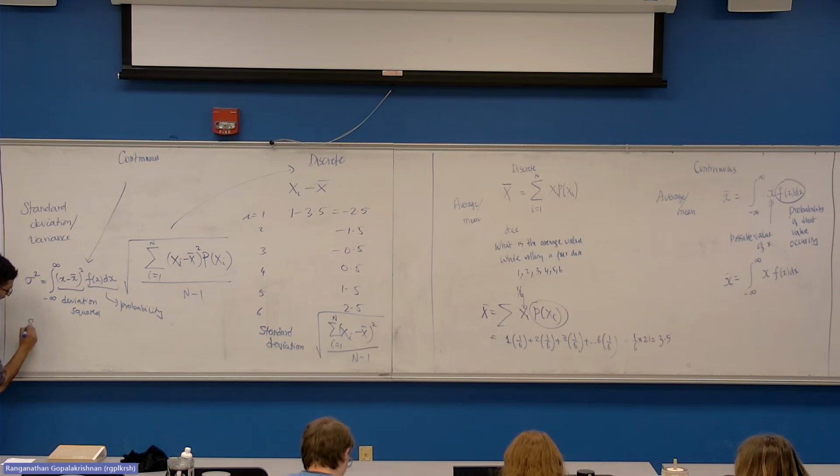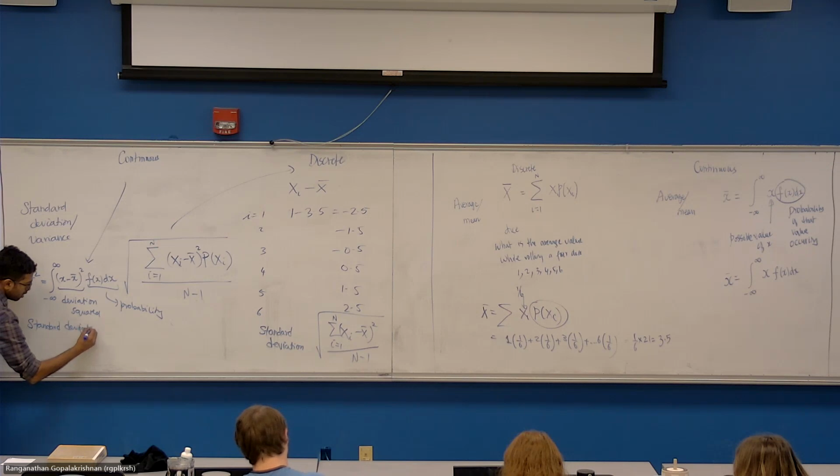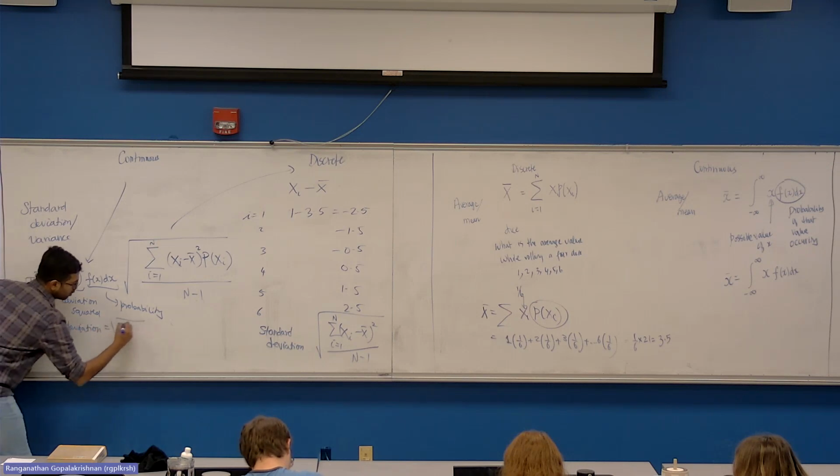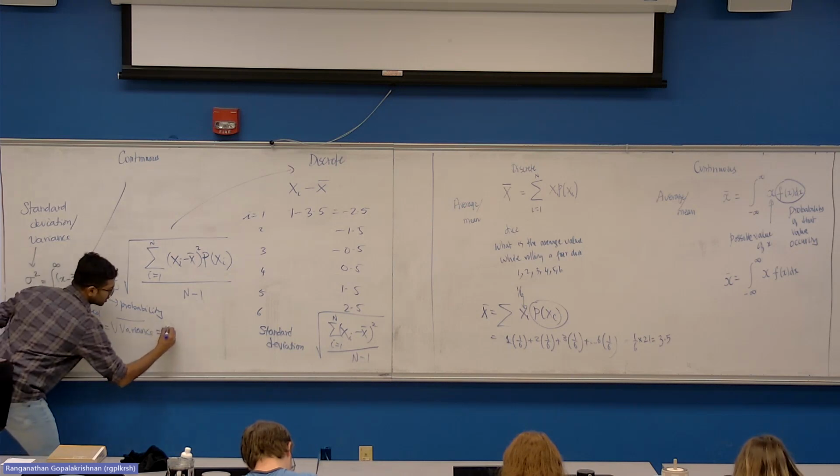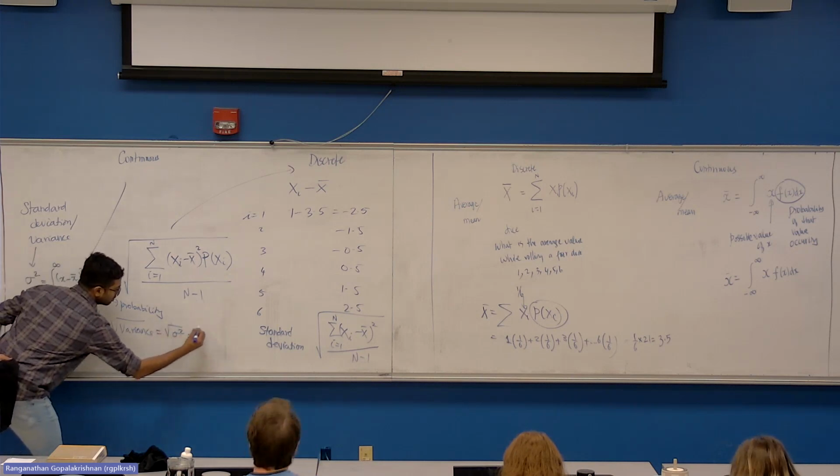So we generally say standard deviation is equal to the square root of the variance. That is the square root of sigma squared, or we call it sigma.